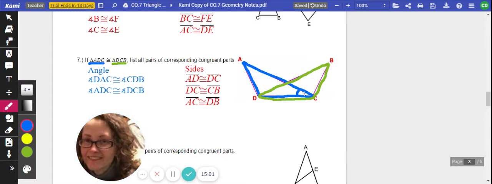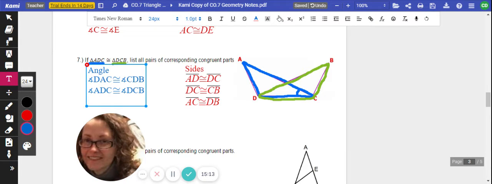I'm talking about that angle right there for my angle C because it's for my blue triangle. So I could call that angle DCA.